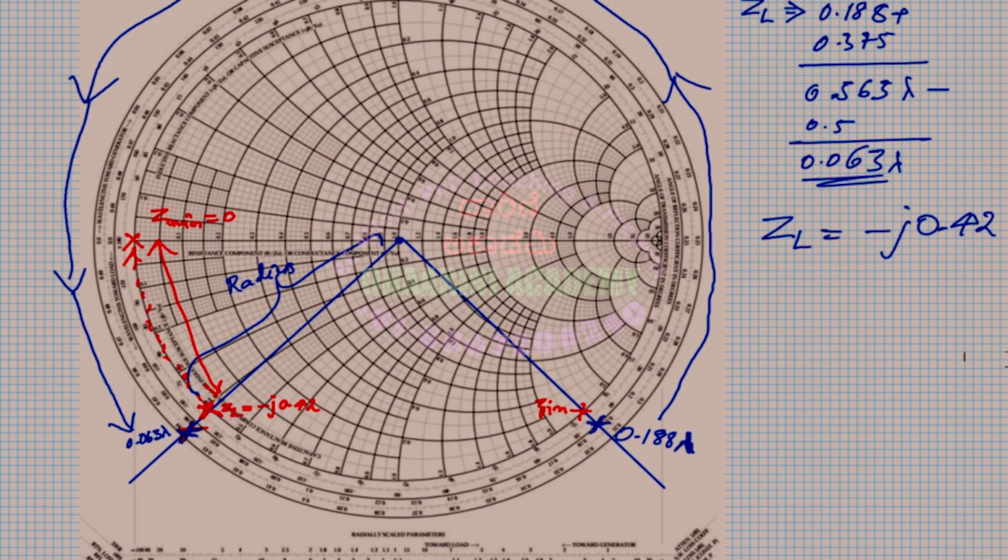Simply let me write: the distance between ZL and the V min is equal to 0.063 lambda. So that answers the second part of the question.